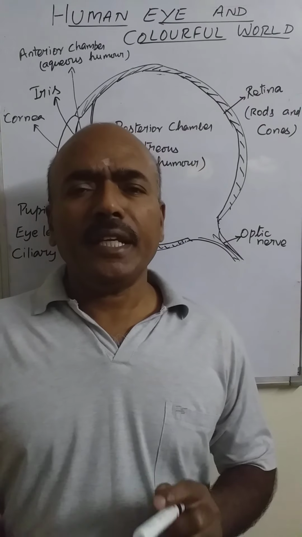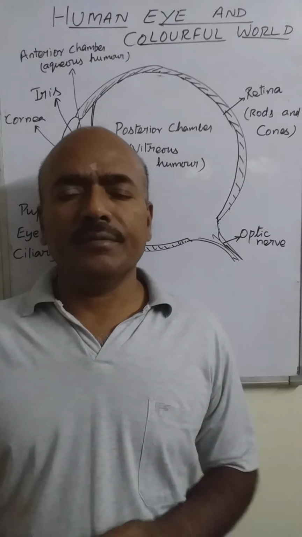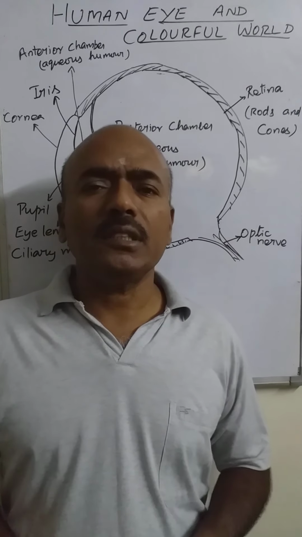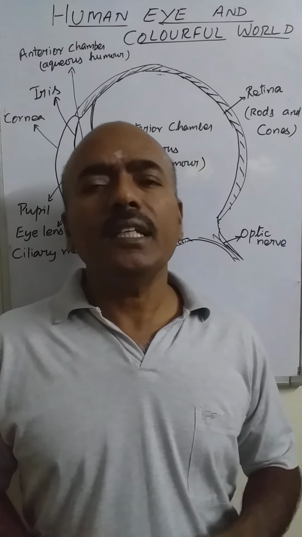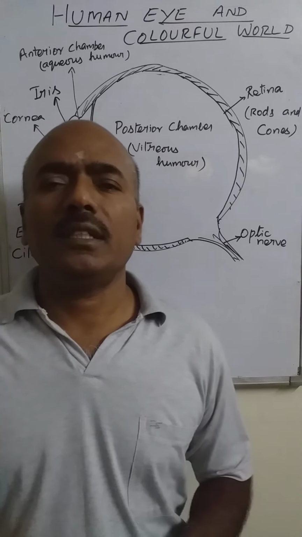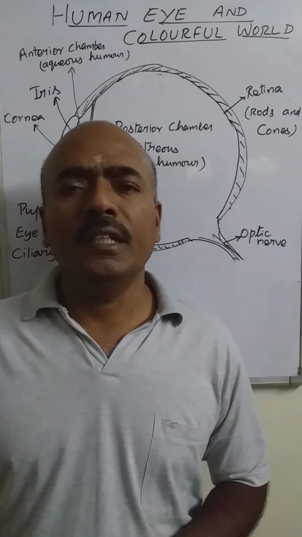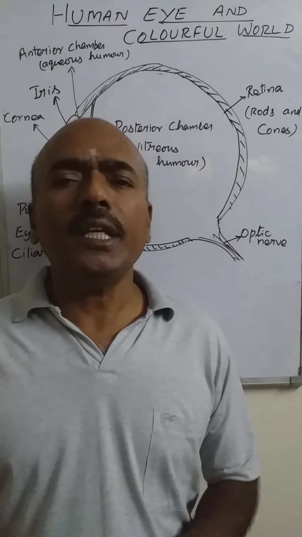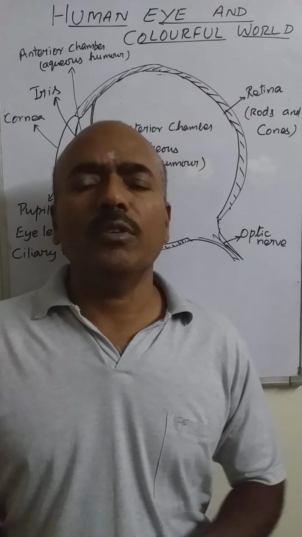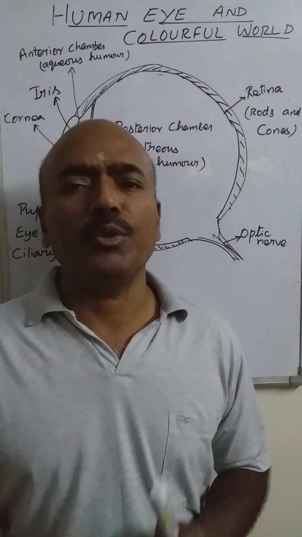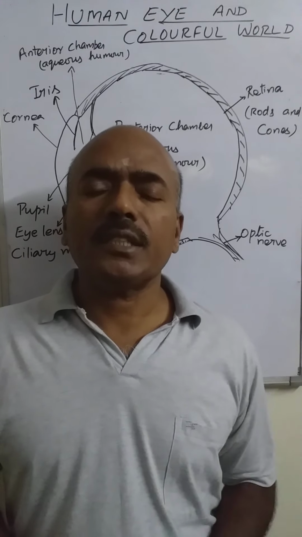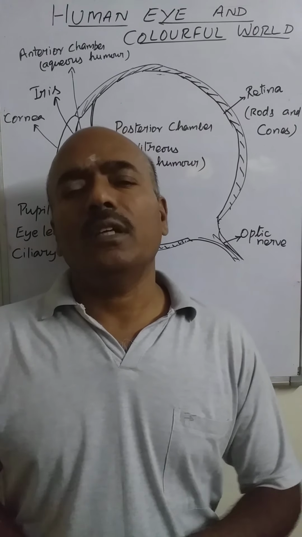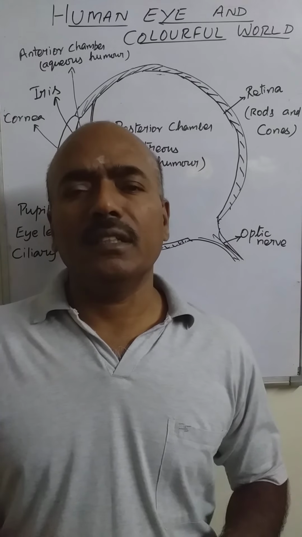I am again and again repeating the human eye because the eyes of different living things are different from the human eye in structure and function. Here we discuss only the structure and the function of the human eye, not the structure and function of the eyes of other living things.